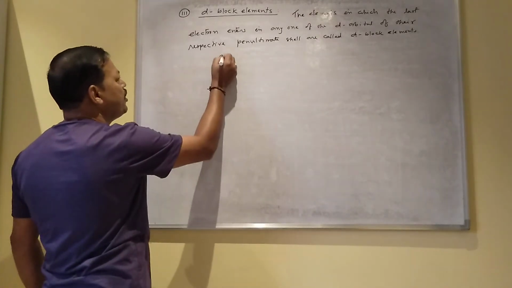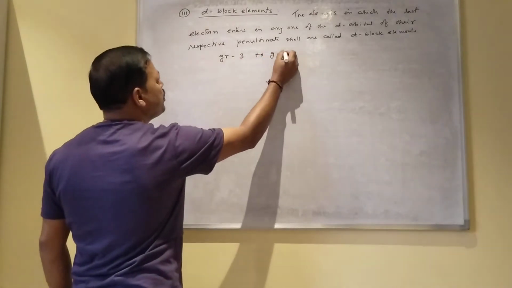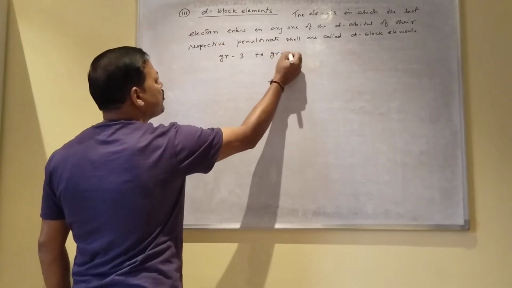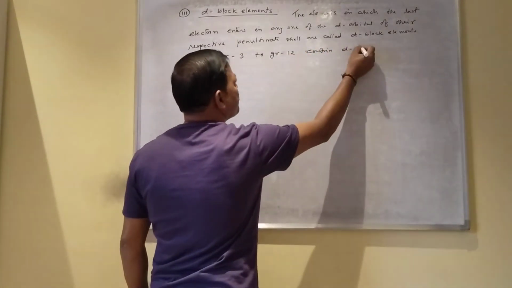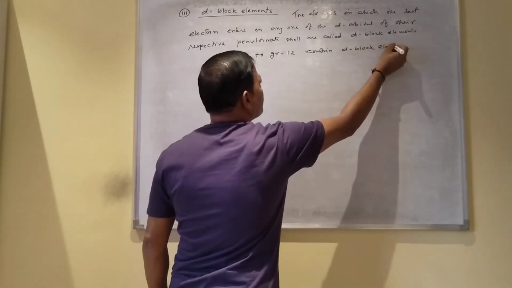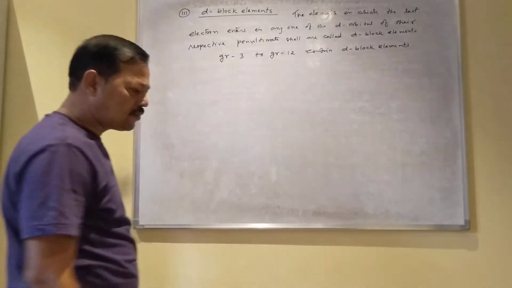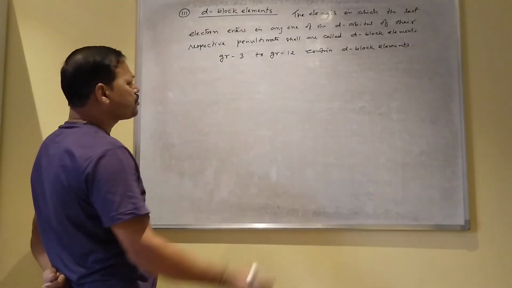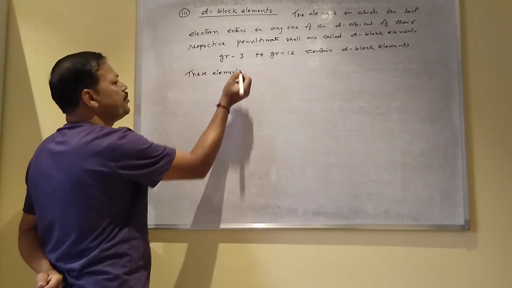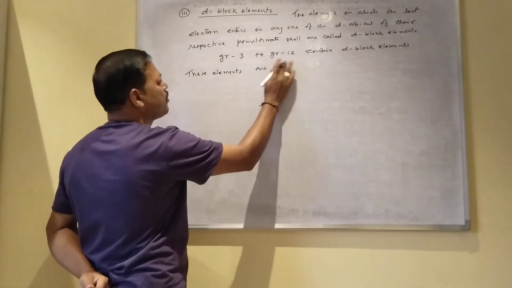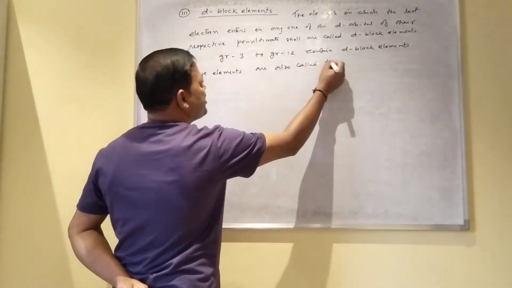In the modern periodic table, group number 3 to group number 12 contain d block elements. These elements are also called transition metals.